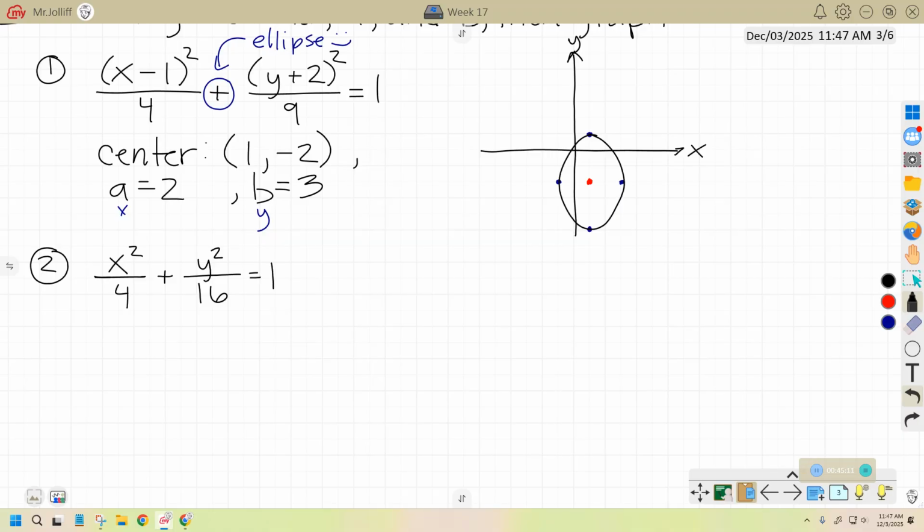All right, give you about 3 minutes. Figure out where your center, your A and B are. Graph your ellipse.